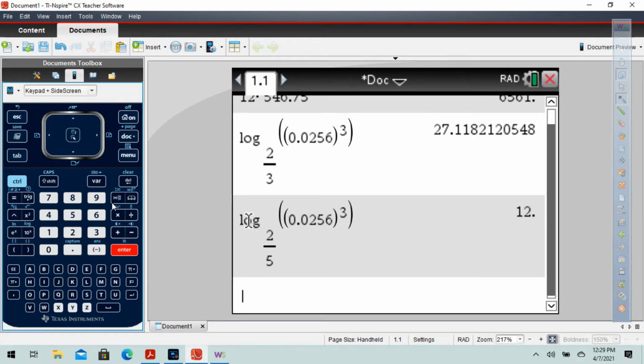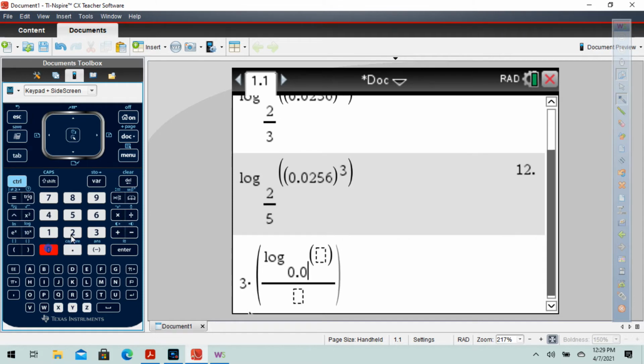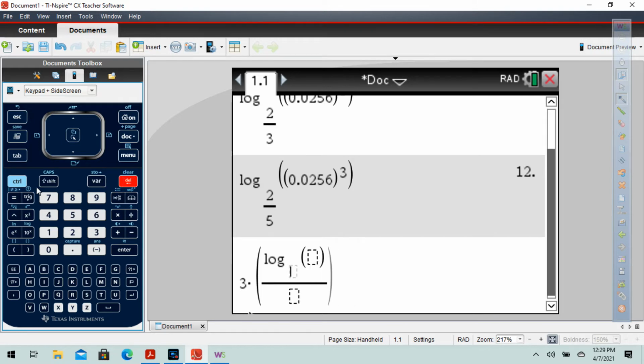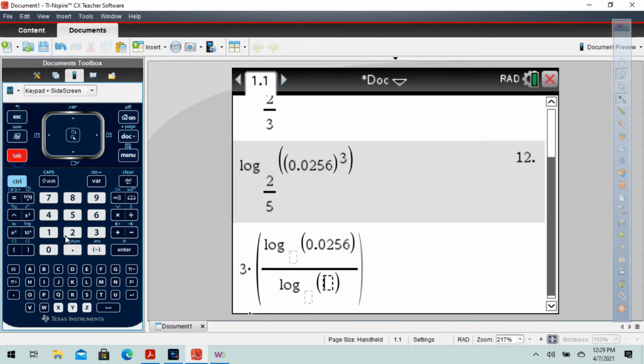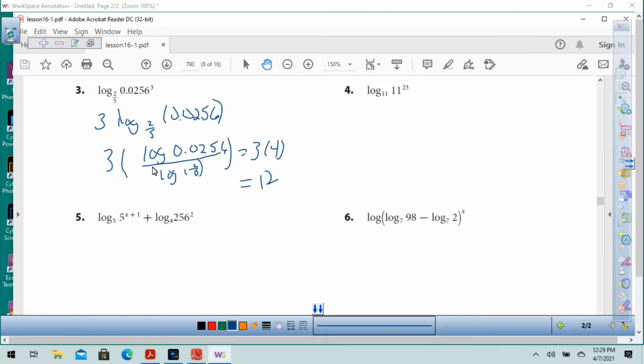And then what was the next thing I showed you? 3 times, and then open parentheses, control divide, and I've got log 0.0256, tab, 0.0256, and then log of 2 divided by 5, not 3, but 2 divided by 5, and that gives you 12.